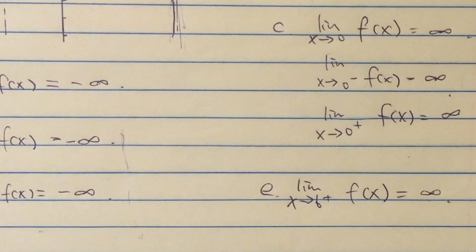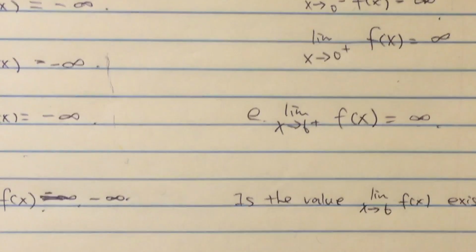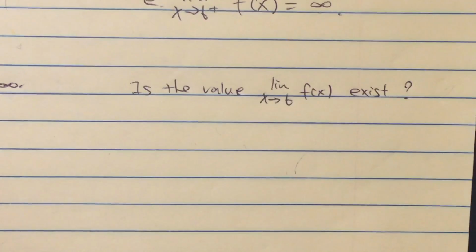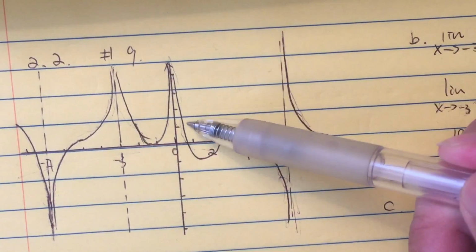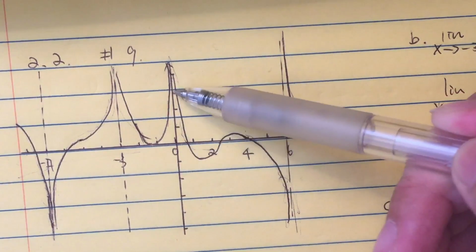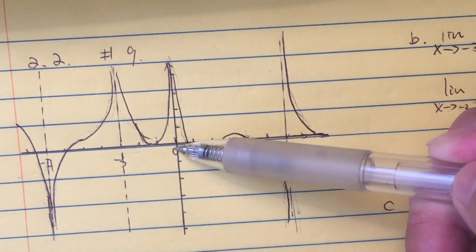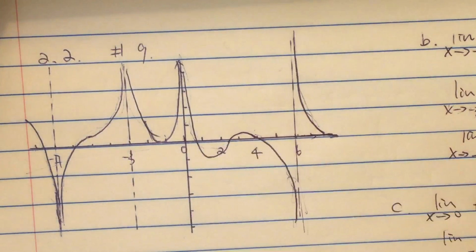So I have one more extra question. Does the limit of f(x) as x approaches 6 exist? Well, we know if the left and right sides have the same value, then as x approaches this number, the limit has an actual value.